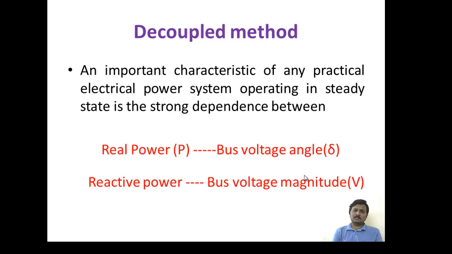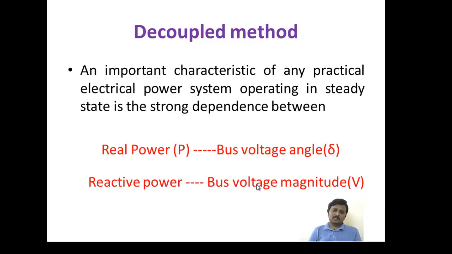It is just an extension of the NR method, with some simplification because of these strong and weak relations. In realistic steady state conditions, active power and load angle have the strongest relation, and reactive power and bus voltage also have the strongest relation.